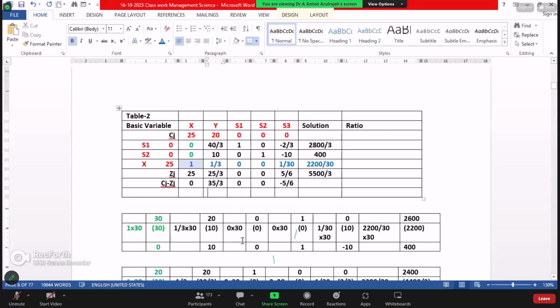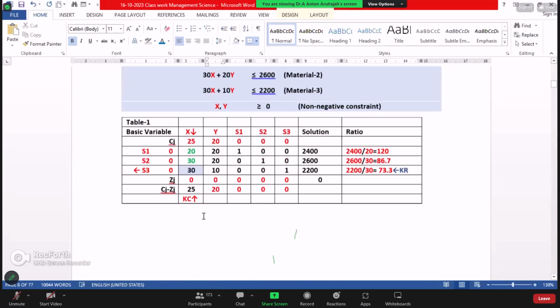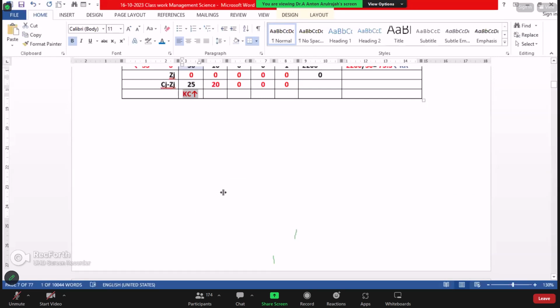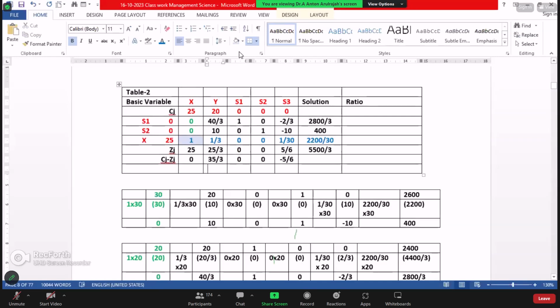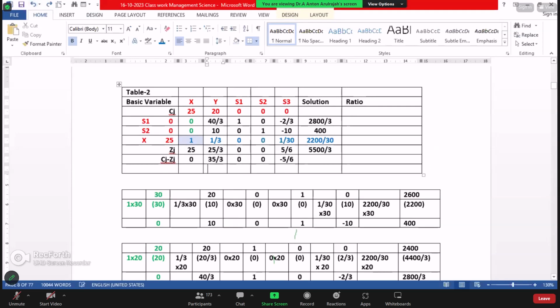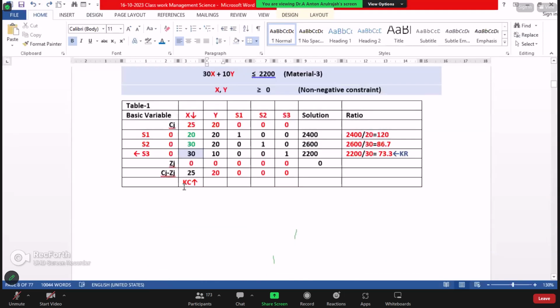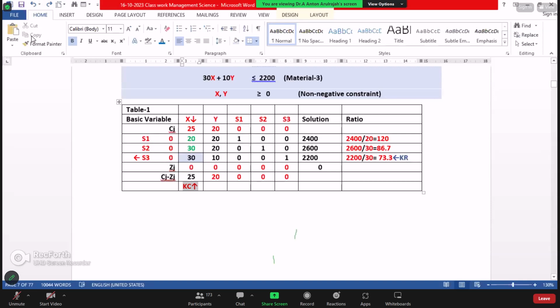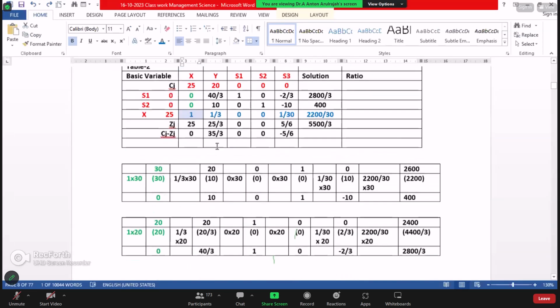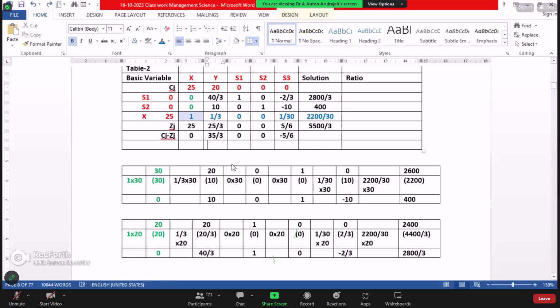So now it indicates again there is a key row and a key column. What is the key column now? This one is the key column, based on the Cj minus Zj value. We have to find the key column. Key column is this one. Then again we have to find the key row.